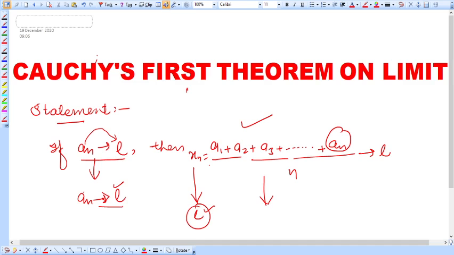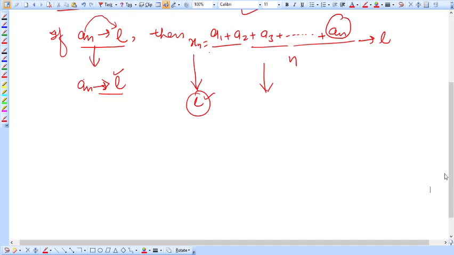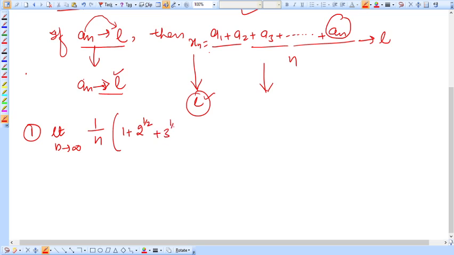Problem number 1. Prove that limit n tending to infinity of 1 by n times (1 plus 2 raised to power 1 by 2 plus 3 raised to power 1 by 3 plus up to so on plus n raised to power 1 by n) is equal to 1.